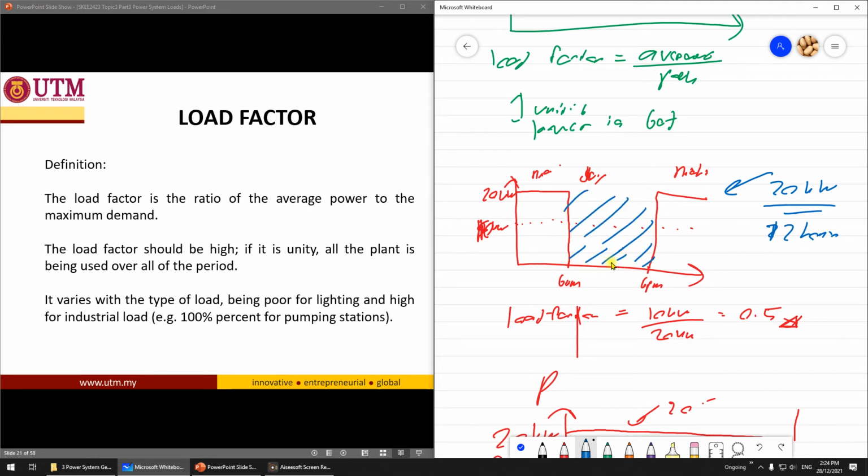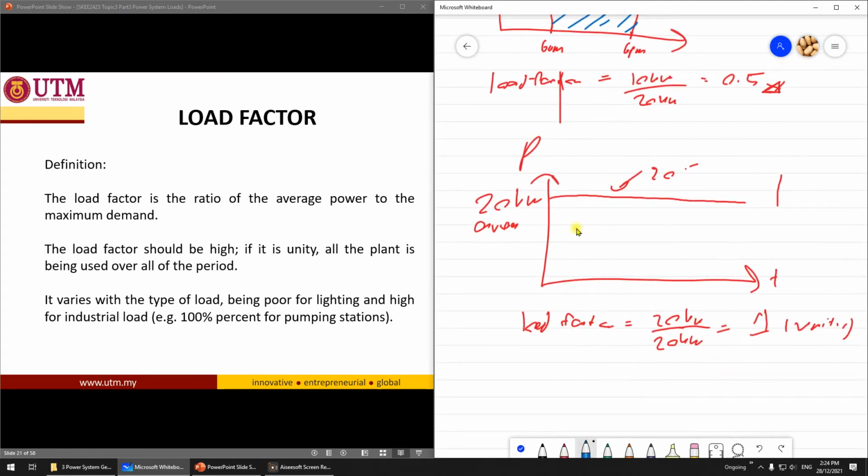For example, the energy cost for this one is 1 ringgit. This is just an example. But because it is not used for 24 hours, it will become 2 ringgit, just to cover the cost. But if you use it like this, it is always on. For example, the cost of installing this one is 20 kilowatt.